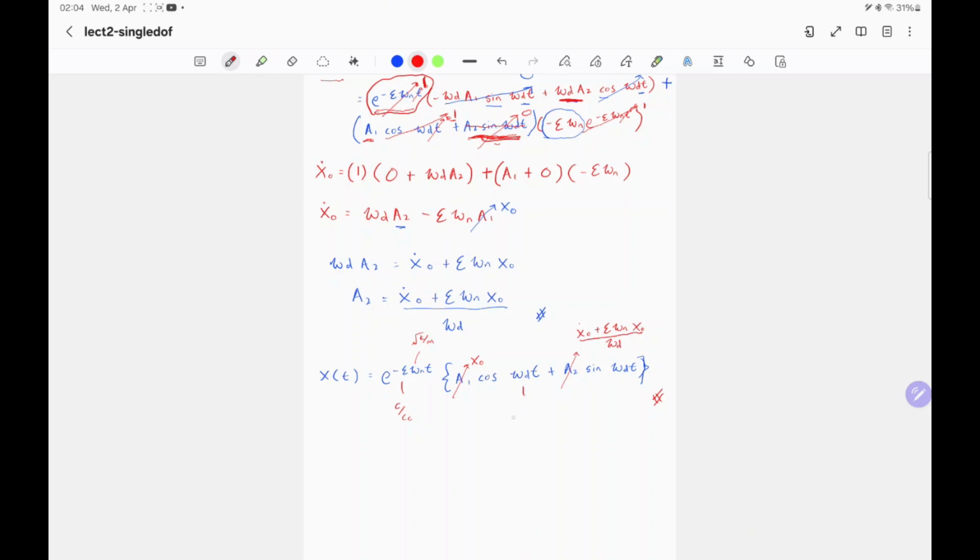Omega d, if you refer back to the equation, is equal to omega n times the square root of 1 minus zeta squared. So you can find whatever displacement value once you have all of these unknowns. Try to do it yourself, and that's all. Thank you very much.